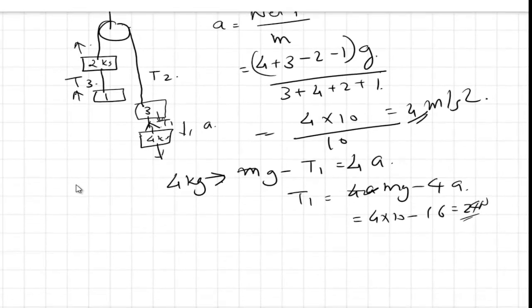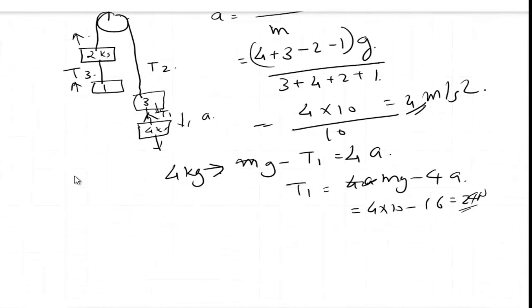The same way we can find out for the other masses also. Then T2, how can I find it out? The same way, T2 is acting in the upward direction. So here mg is 3 into 10, then T1 is acting in the downward direction and T2 is acting upward. For the 3 kilogram mass, T2 acts in the upward direction, and the reaction force from the 4 kilogram mass T1 is acting downward, and here acceleration is acting downward, mg is acting downward.